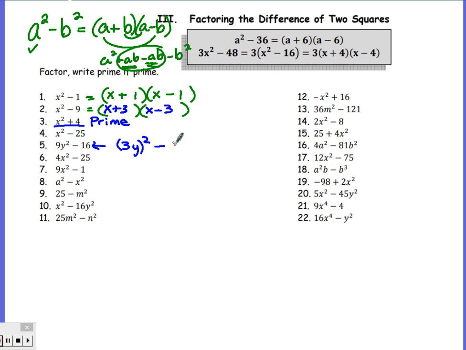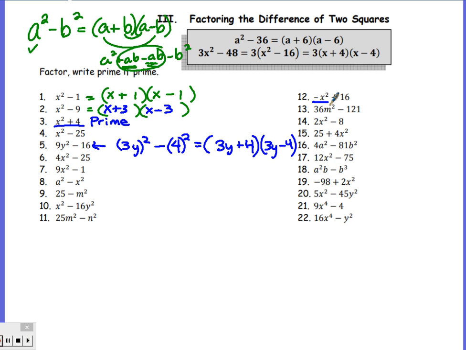Minus 16 squared is 4 squared. So once I found what my a and b are, then I can say, all right, a plus b, and a minus b. All right, great. So there are a bunch more for you to practice there. So please try some.